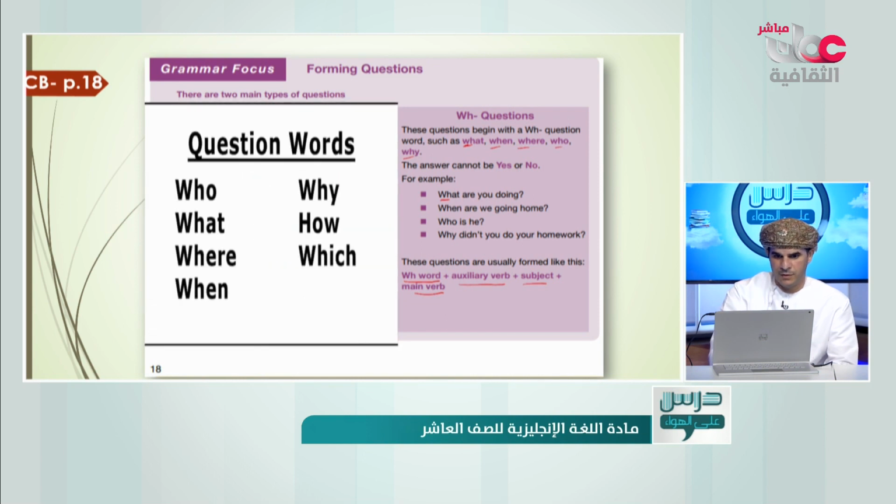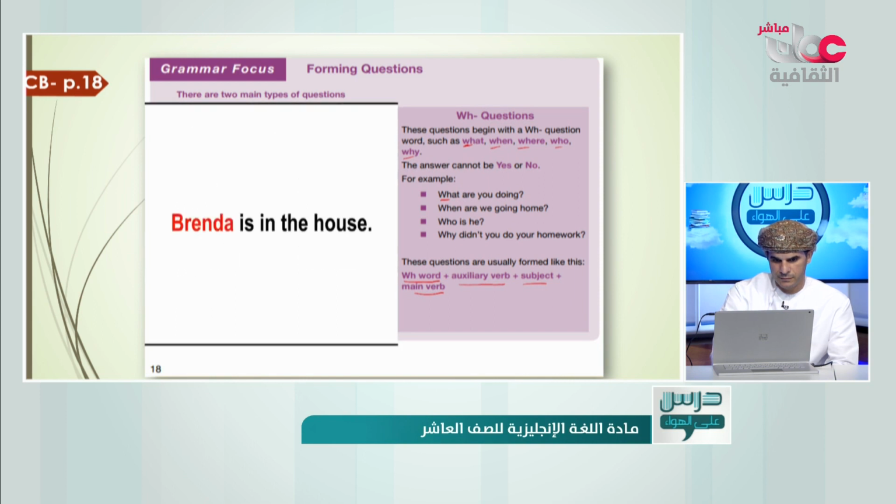How to form it. Question words replace unknown information in a question. If a question word replaces the subject of a sentence, don't change the order of the words in the sentence when you form a question. The subject is the person or thing that does the action of the verb and usually comes before the verb.